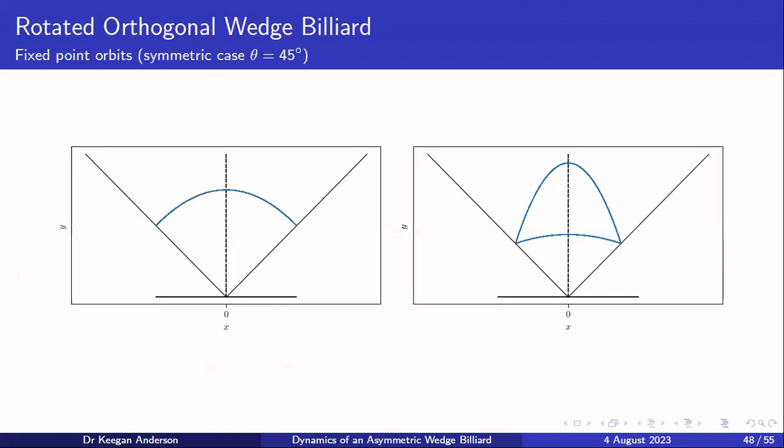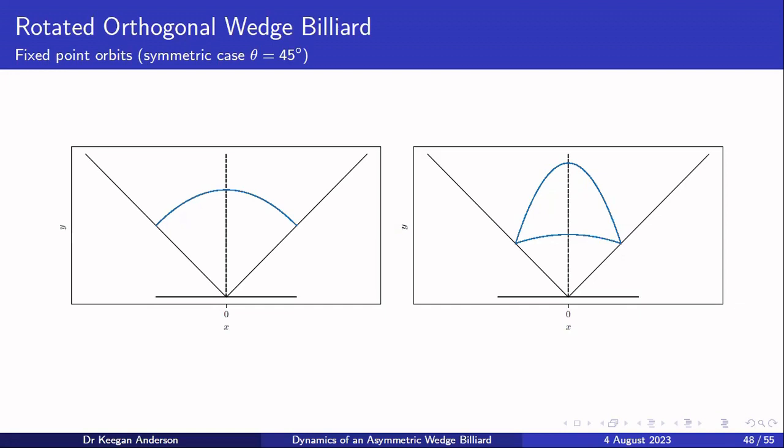For the fixed point orbits, for the symmetric case, where the rotation angle is now 45 degrees, but the wedge angles are perpendicular to each other, you can actually show that you'll get the period 1 trajectory, which is on the left, but you also get this period 2 trajectory, which is on the right.